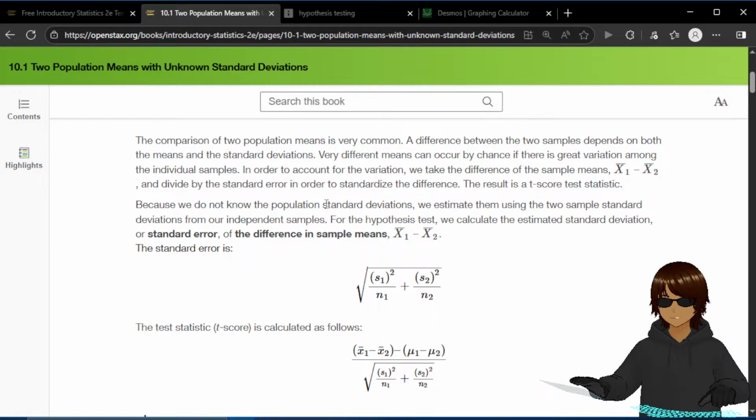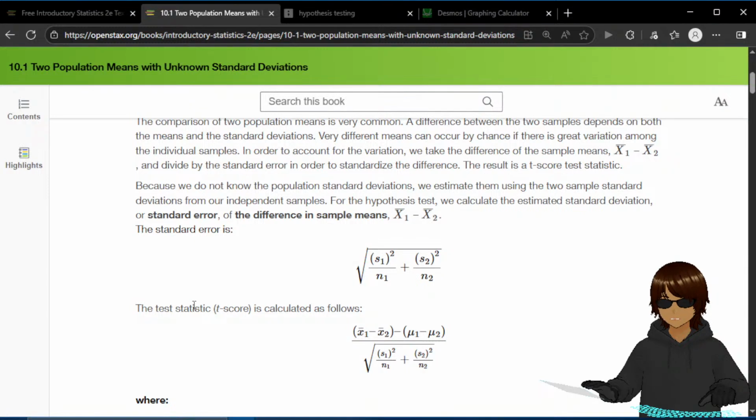Because we do not know the population standard deviations, we estimate them using two sample standard deviations from our independent samples. For the hypothesis test, we calculate the estimated standard deviation, or standard error, of the difference in sample means, x1 minus x2. The standard error is the square root of s1 squared over n1 plus s2 squared over n2.